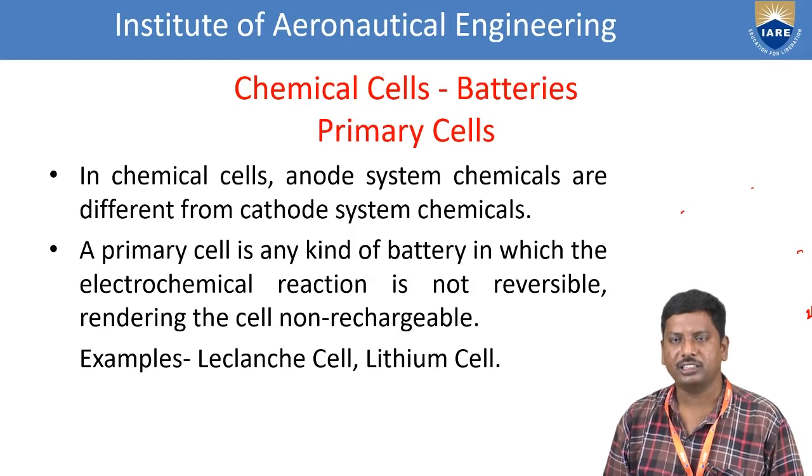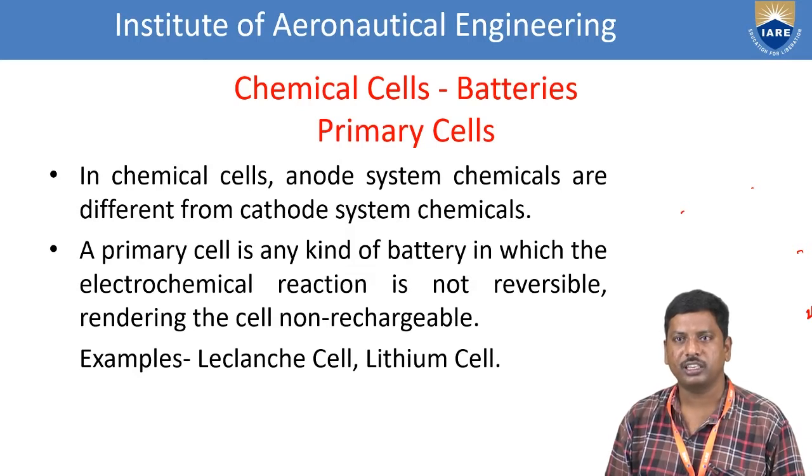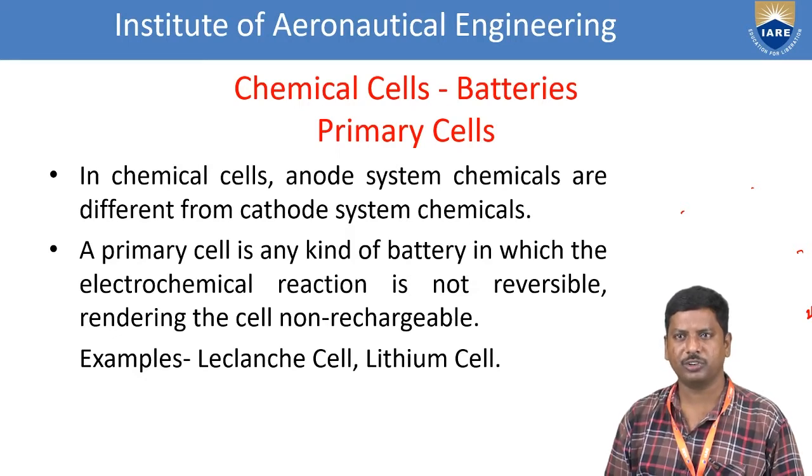The best example of primary cells is the Leclanche cell, and for domestic purposes, these are used in digital watches. These primary cells are also called dry cells. The example for dry cells is the Leclanche cell.